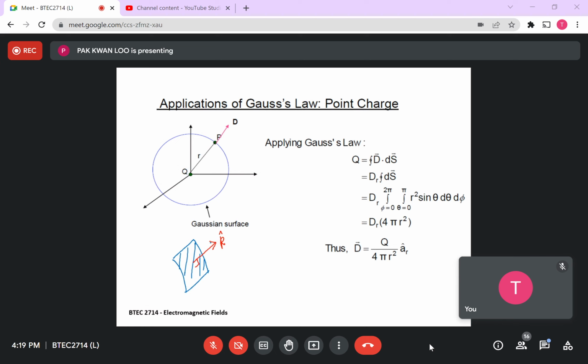So the electric field is parallel with this direction, right? So if parallel, the dot product is vanish.